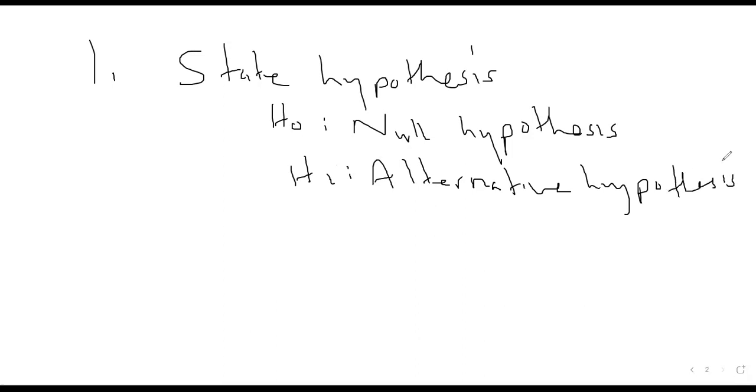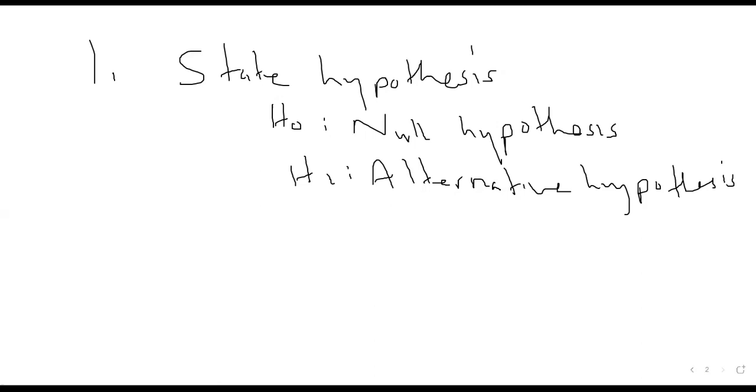So now let me delve into explaining what those two mean. What's the difference between the null hypothesis and the alternative hypothesis? We've heard of these terms, null hypothesis and alternative hypothesis. What is the difference, and what do they imply? How do they help us in research?